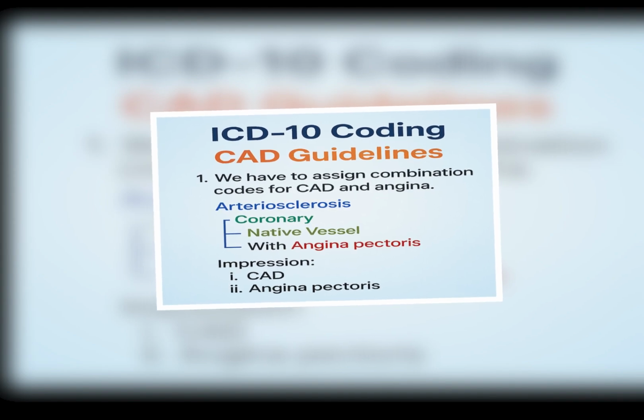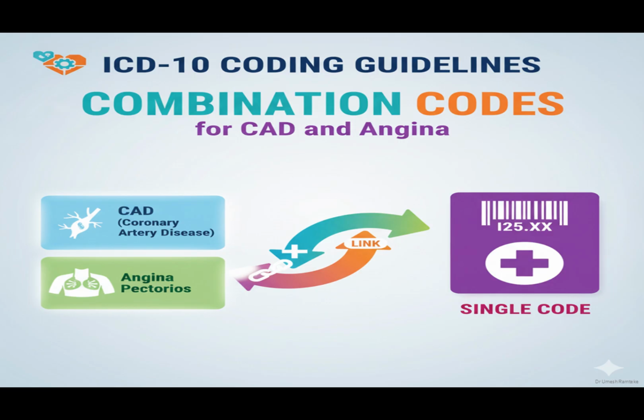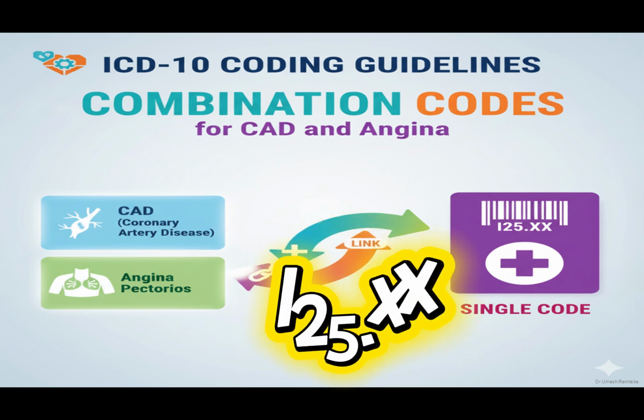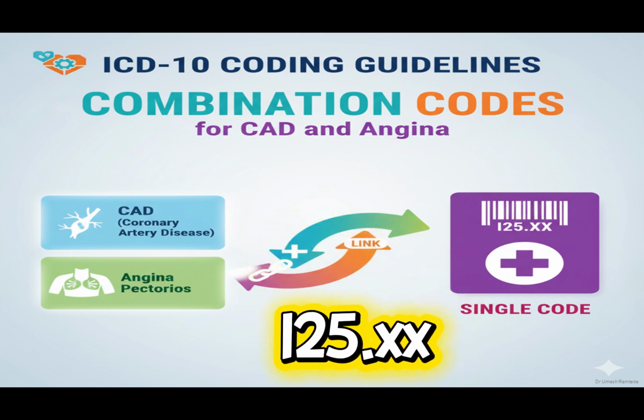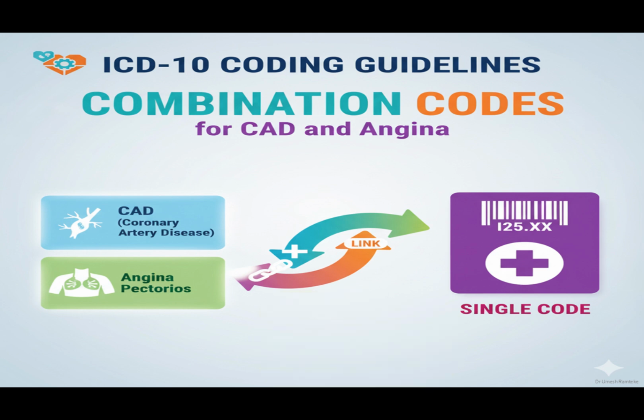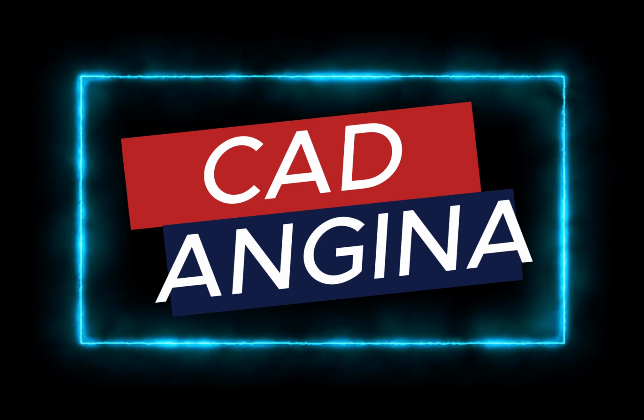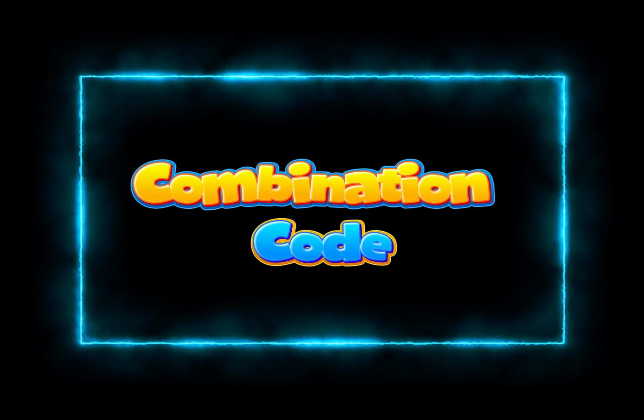So if the impression says CAD plus angina pectoris, we assign a single combination code as I25.XX. Why? Because the ICD-10 book already includes angina inside the CAD code. This makes coding easier and avoids double coding. Here is a simple rule: CAD plus angina equals combination code.